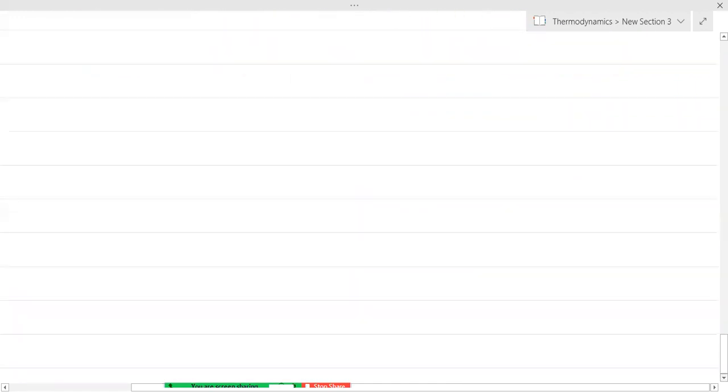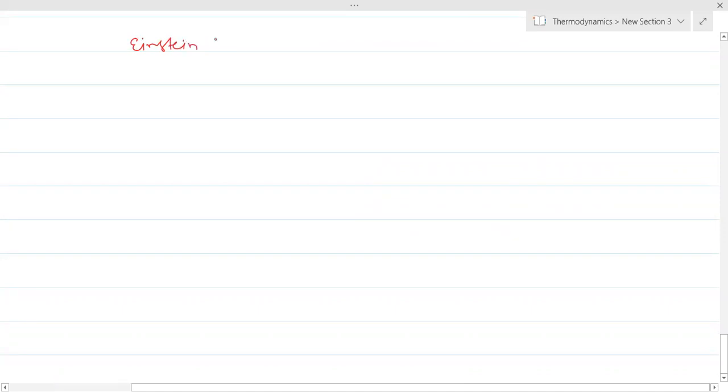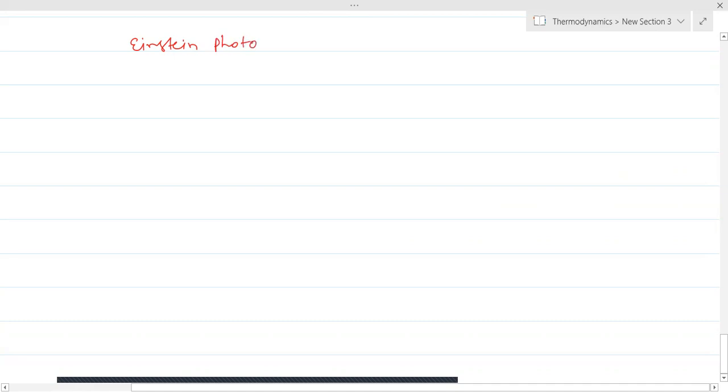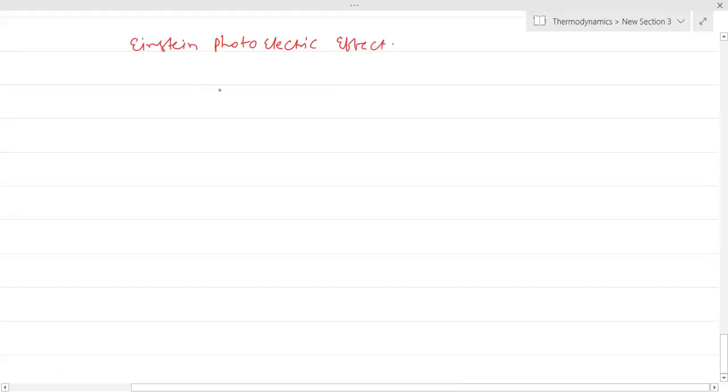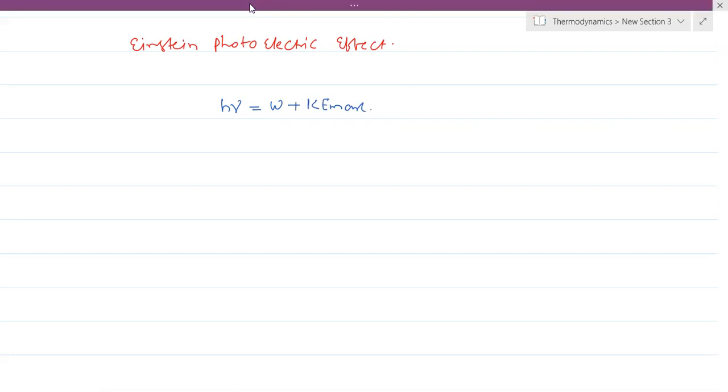Next we are focusing on Einstein photoelectric equation. Whenever a frequency nu falls over the surface, some part is used to remove the electron, and the remaining part appears in the form of kinetic energy, Ke maximum.